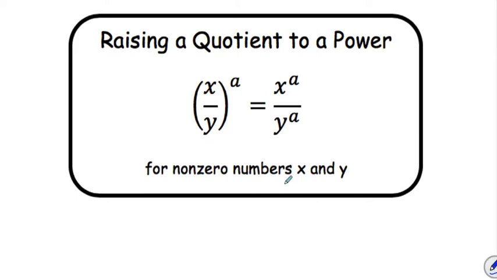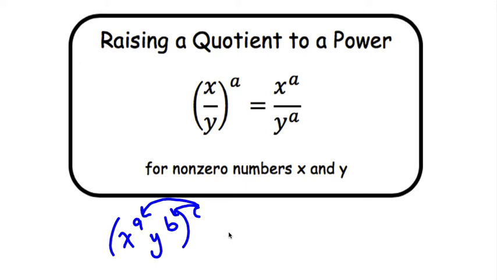If we had something like x to the a, and then y to the b, and that was all raised to the c, we would basically multiply every exponent on the inside by that exponent, and we would have x to the a times c, and then y to the b times c.